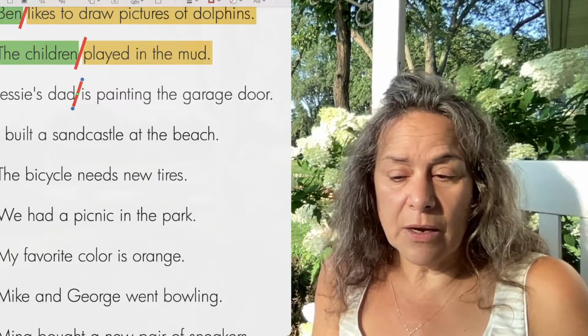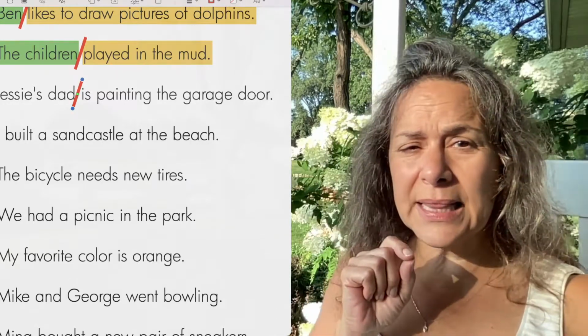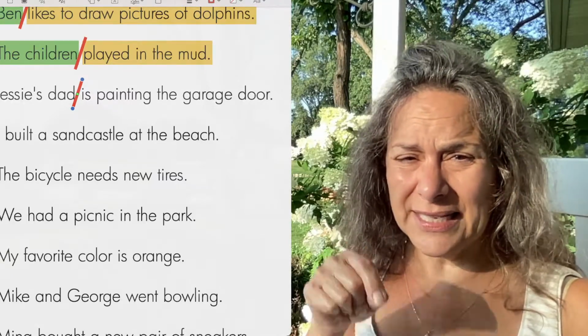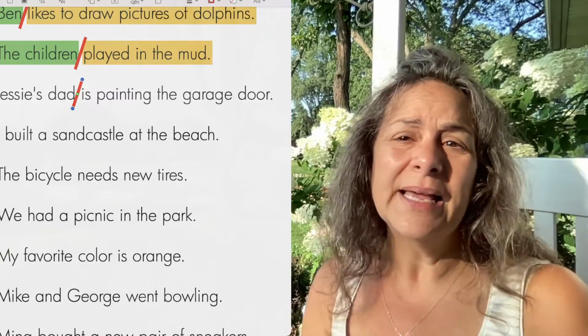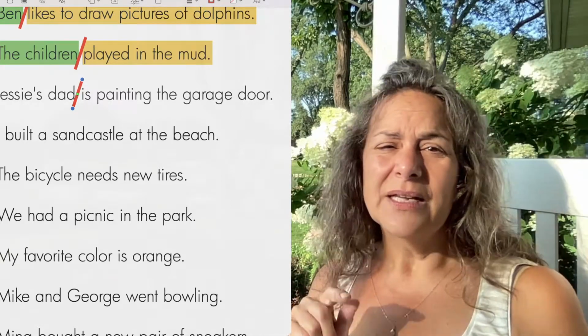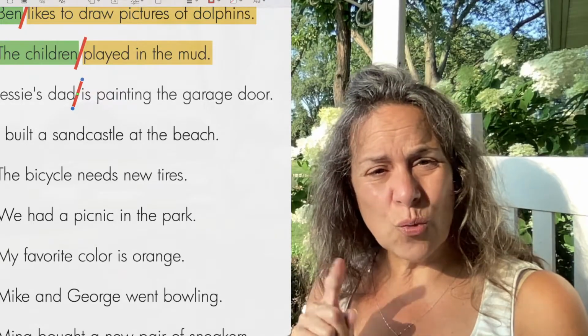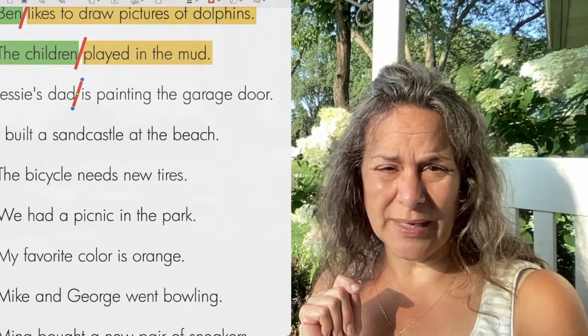Painting. But we're telling, when is Jesse painting? Right now. Is painting it right now in the present. So that helper is telling us when Jesse is doing it.